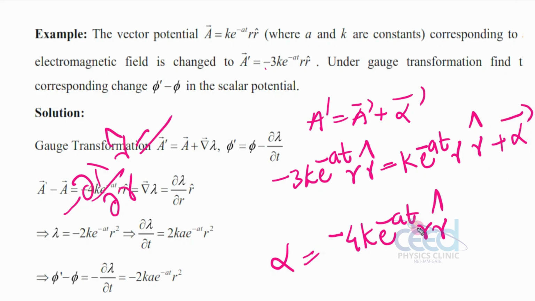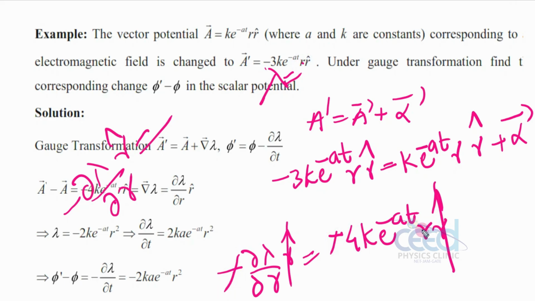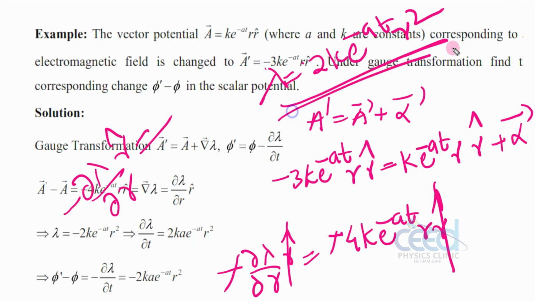Now alpha we solved; we replace it here, minus ∂λ/∂r cap, r cap cancels. Now we integrate, this means lambda you get here by integrating. The negative cancels, integrating r gives r²/2, which cancels, then 2k e^(-at) r². So this is the lambda value.